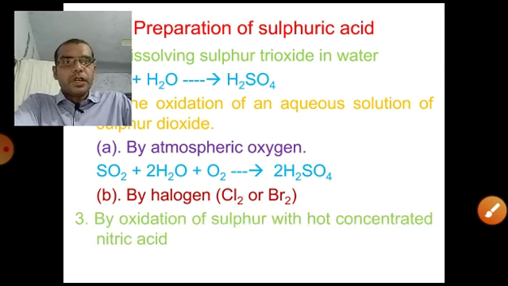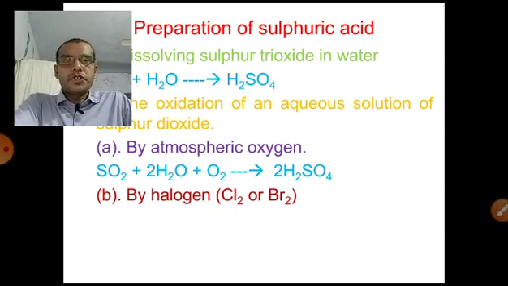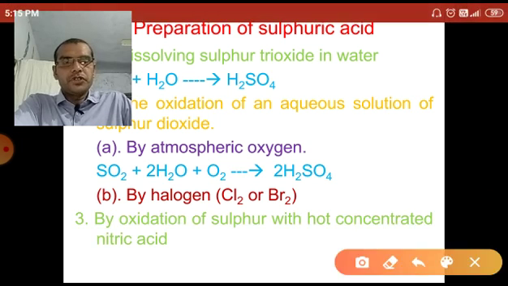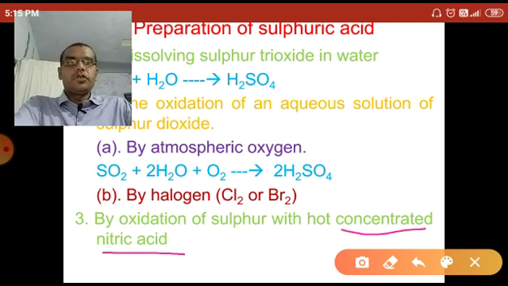Next, by oxidation of sulfur with hot concentrated nitric acid. Concentrated nitric acid is a stronger oxidizing agent than sulfur. So nitric acid gives oxygen and the sulfur gets oxidized into sulfuric acid.